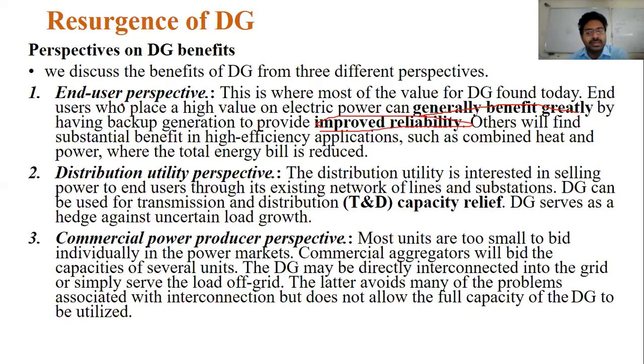For transmission and distribution companies, using these DGs reduces the transmission and distribution losses, as well as the cost of the transmission lines and distribution lines.